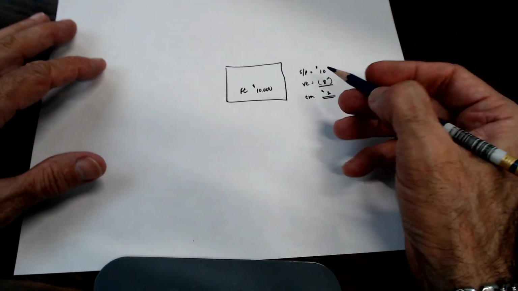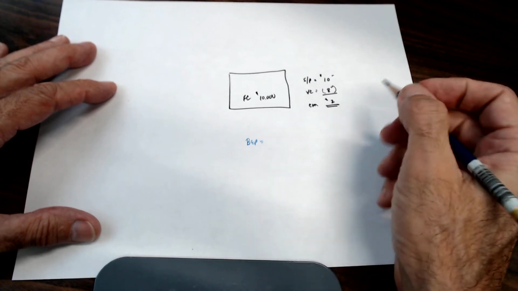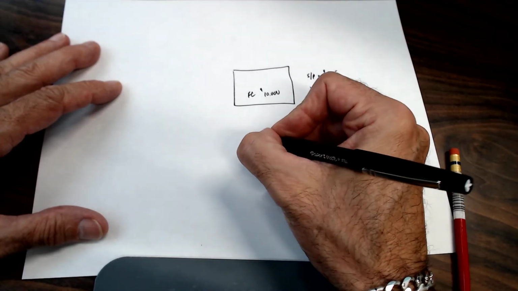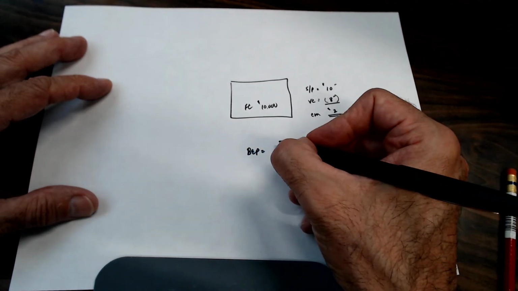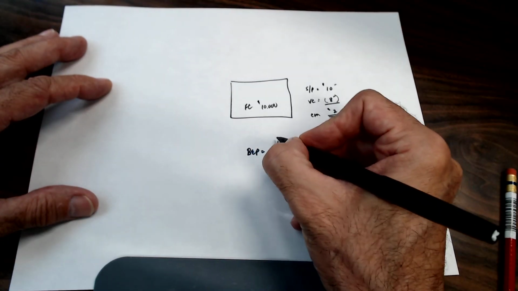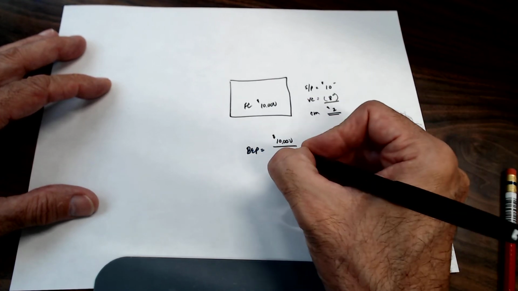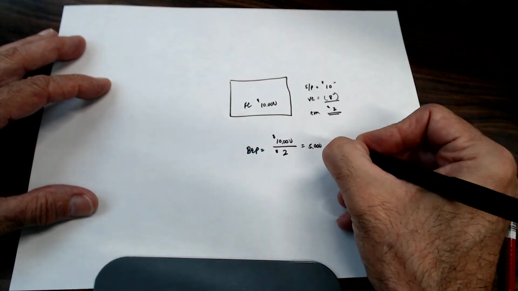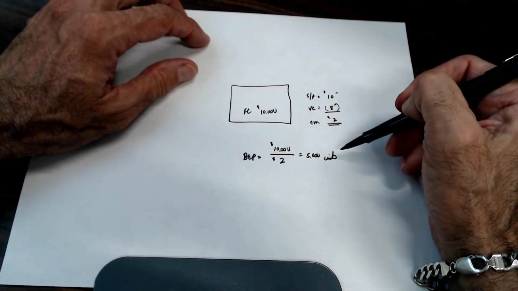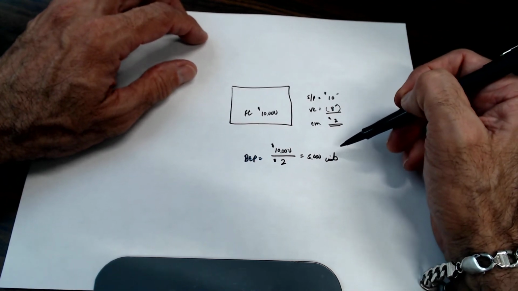Now I want to know, what is my break-even point? Given this data, fixed costs of $10,000 that I need to cover with a contribution margin of $2 per unit means I need to sell 5,000 units. Now, I may not be able to do that. It may be impossible for me to sell 5,000 units.